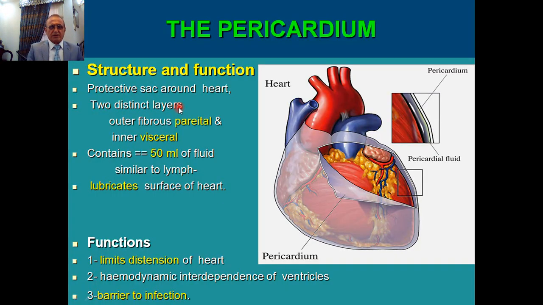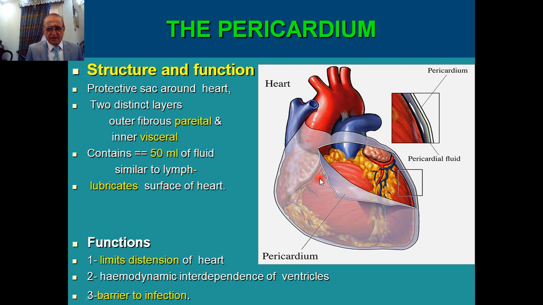Now we'll start with the first topic, which is acute pericarditis. But before that, we'll talk about the structure and function of the pericardium. It is a protective sac actually around the heart. It has two layers. The outer is the parietal layer and the inner is the visceral layer. It contains something around 50 cc fluid, the structure of which looks like lymph.